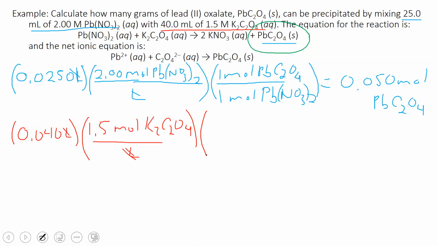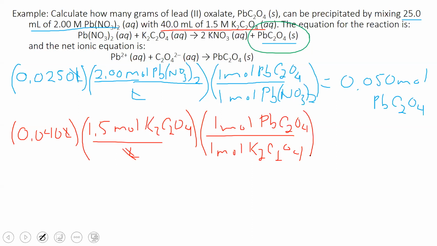Multiply that by the mole ratio. Here it's a 1-to-1, so 1 mole of potassium oxalate for every 1 mole of lead oxalate. And we get 0.060 moles of lead oxalate.